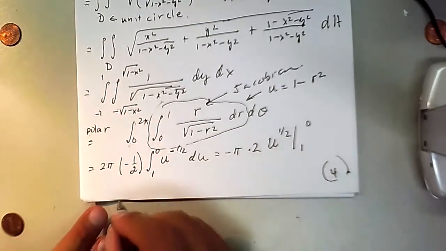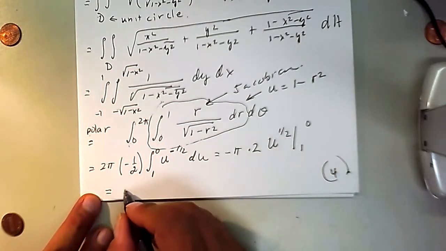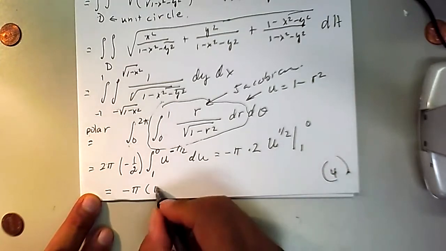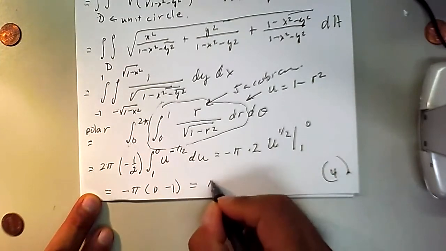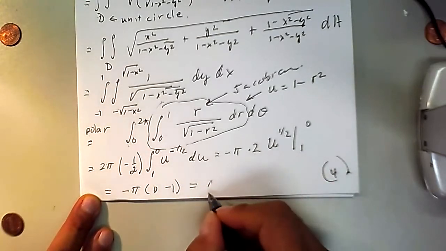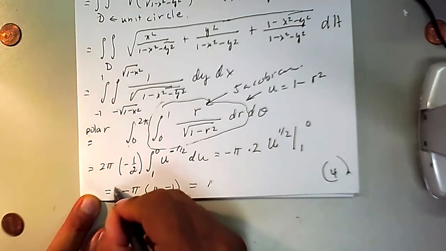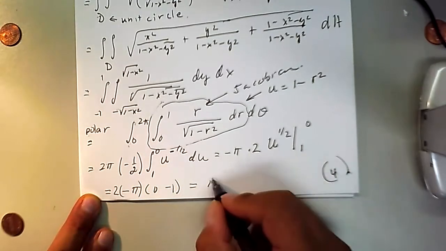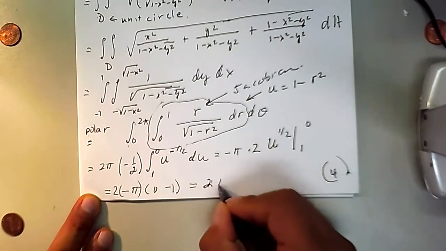I'm going to try to squeeze that down here. Negative pi times 0 minus 1. So that gives us, oh, I'm missing the 2. There's an extra 2 there. Let's just squeeze it here, 2 times negative pi. So we have 2 pi, which we already knew.